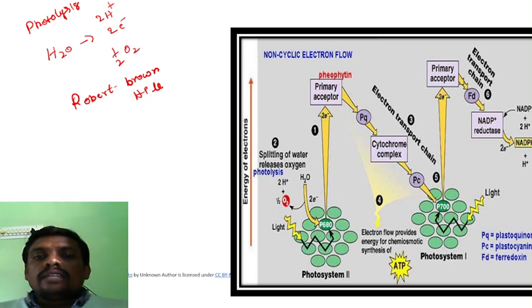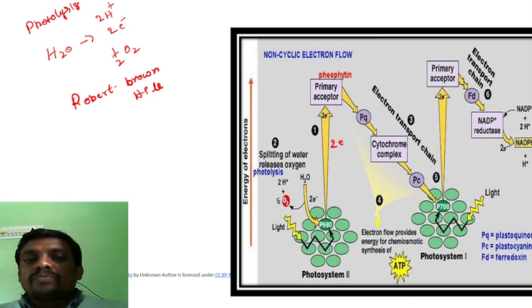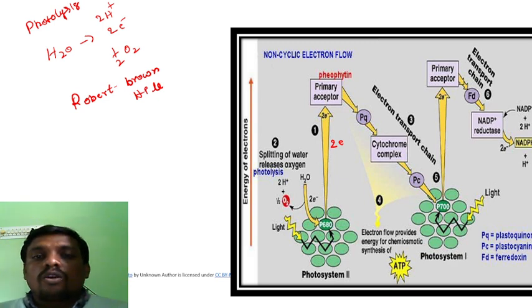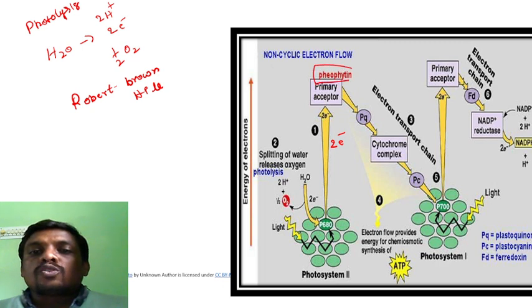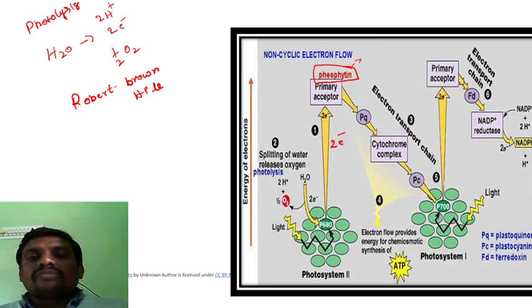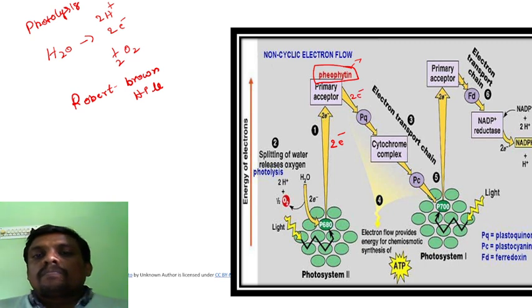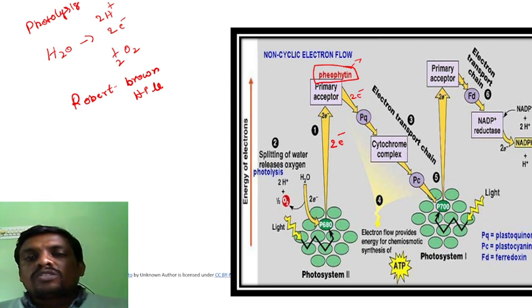Now, the released electrons from the light harvesting complex will move in the upward direction and be received by the primary electron acceptor in the non-cyclic electron flow, called pheophytin. From the pheophytin, the electrons enter the plastoquinone. From the plastoquinone, electrons reach the cytochrome complex.